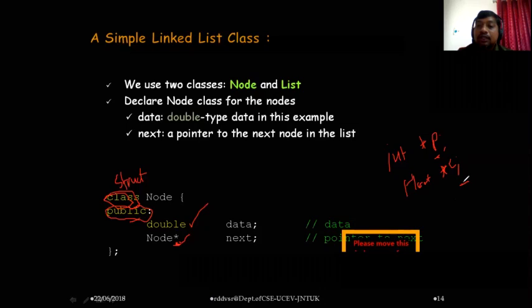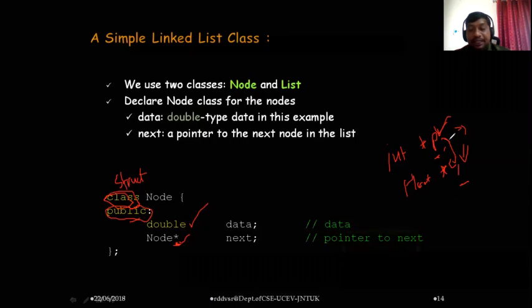An integer pointer cannot hold the floating point data address, and a floating point pointer cannot hold the integer data address. That is the reason why we have declared a node pointer here. Node pointer holds its successor node address.